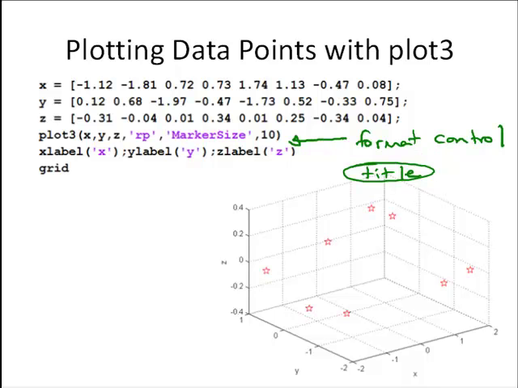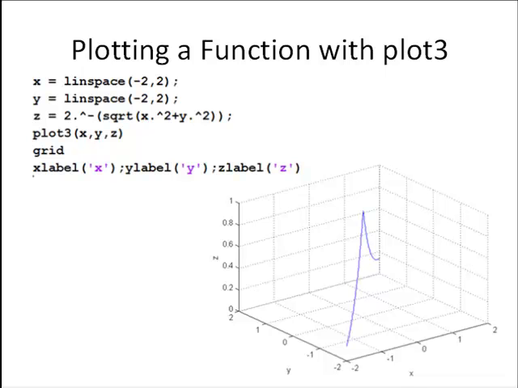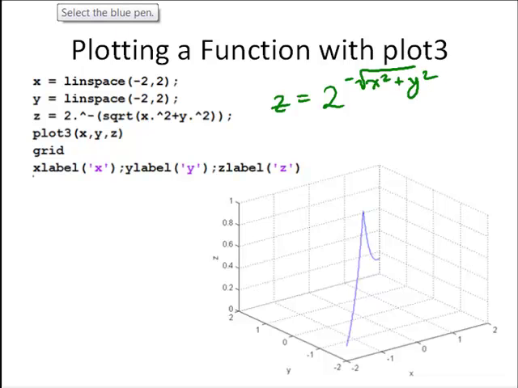We can also use plot3 to plot a curve that's represented by a function. So in this case, we can use that same function again. This is z is equal to 2 to the negative square root of x squared plus y squared. But now we're using plot3, and it plots this as a curve, not a surface.